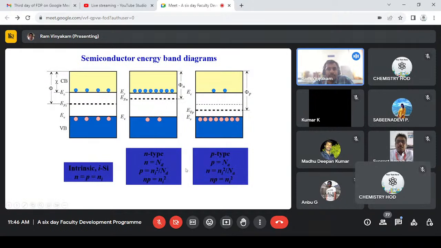So this is the schematic, moving from metal to semiconductor. In the intrinsic case, though in the ideal case I have shown, we have defect levels in the band gap, and we refer to the work function as the energy from the Fermi level to the vacuum level. That means when the electron moves out of the material, that is the vacuum level.